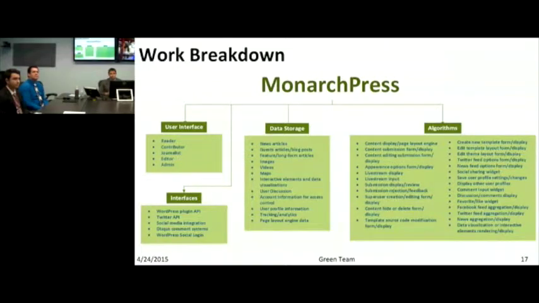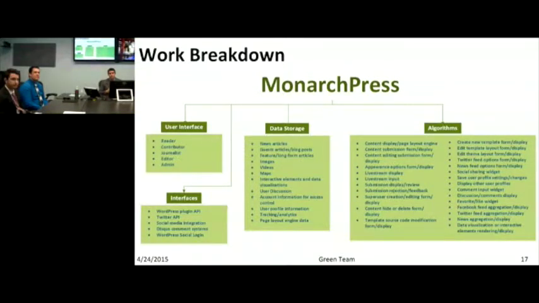For the interfaces, as Jonathan just went over with all of you, we have the WordPress plugin API, the Twitter API, Disqus, and some type of OAuth or WordPress social login. For data storage, we're going to have images and videos and interactive elements and page layout engine data that we're going to have to store.